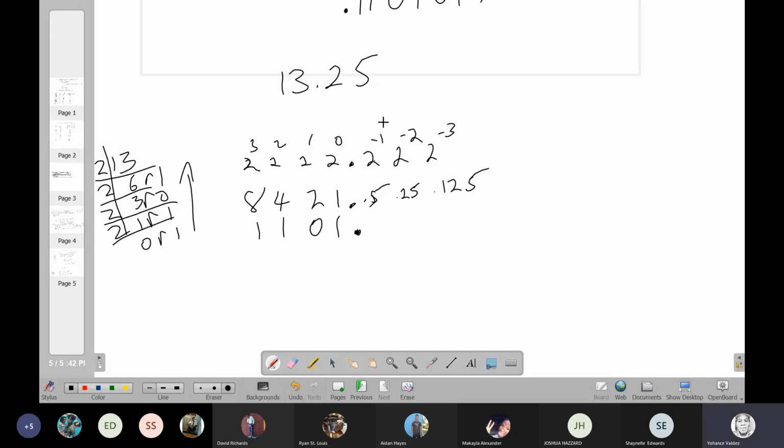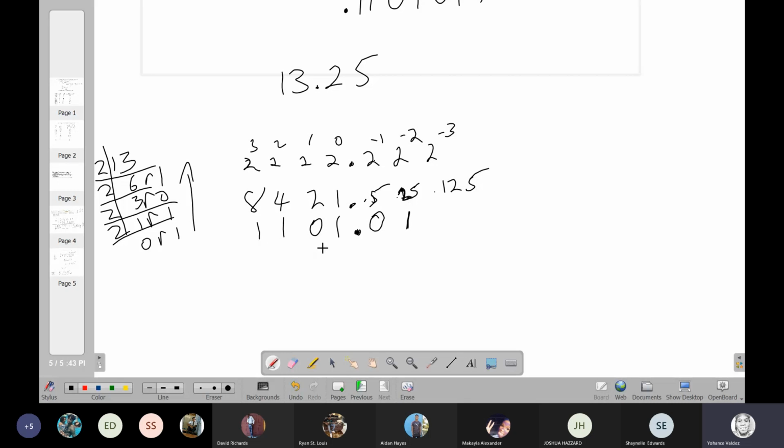On this side, we only have the 0.25. So we have 0 values of 0.5 and 1 value of 0.25. So this is how we get 13.25 represented as 1101.01. But when we're representing binary like this, a lot of times it's more proper to present it in standard notation.